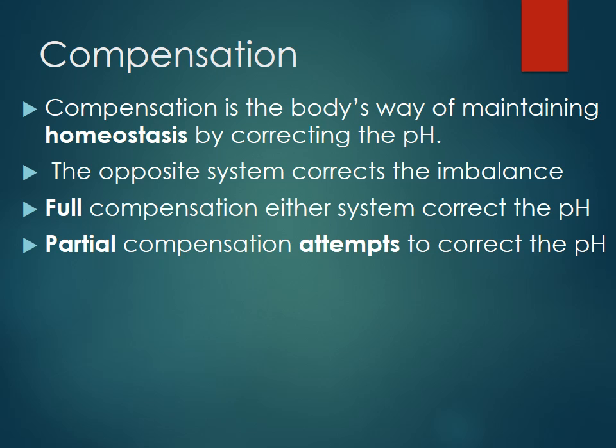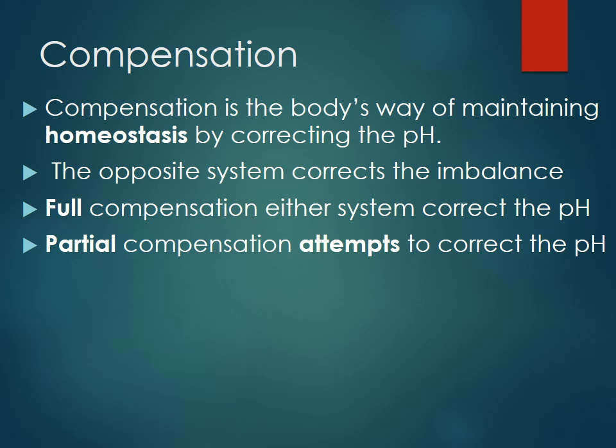Full compensation is the pH is corrected, meaning that it is back into normal range, 7.35 to 7.45, even if the CO2, carbon dioxide, and the HCO3 bicarb are still abnormal. As long as the pH has made it back into normal range, full compensation has occurred.